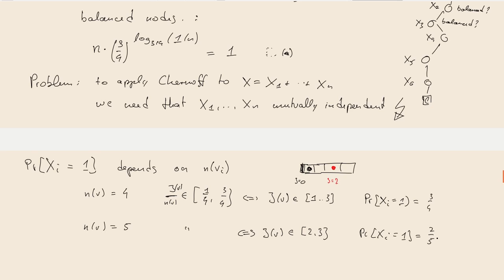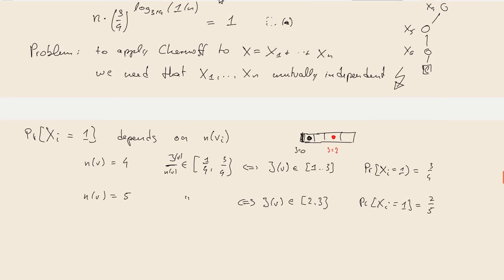Okay? Maybe you want to see a few more. One more that I prepared is, for 8, you have everything between 2 and 6. So here it gives you 5 over 8 as the probability.